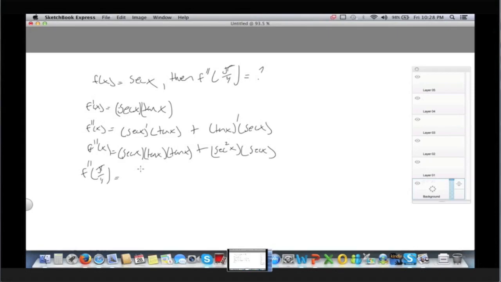All right. So we can't use the secant button, but secant is really 1 over cosine of x.